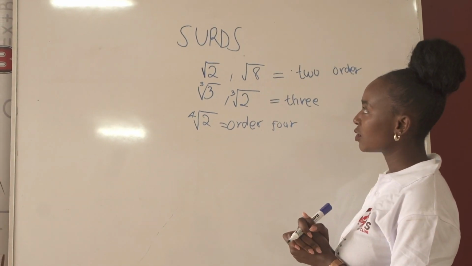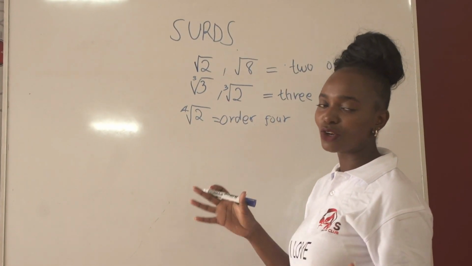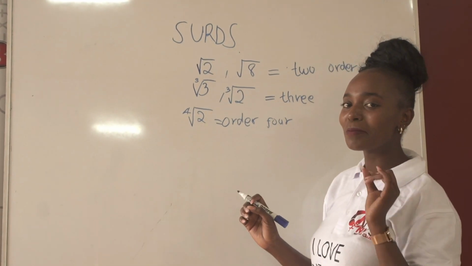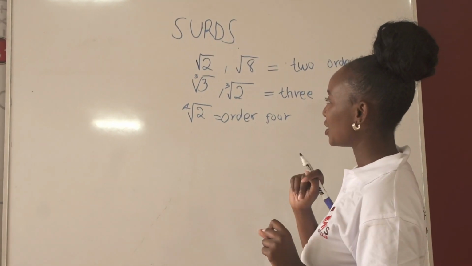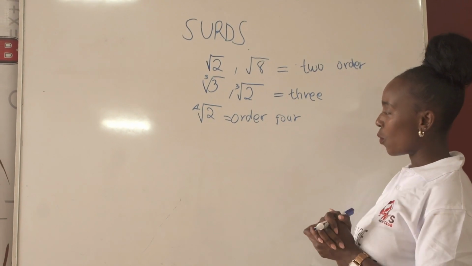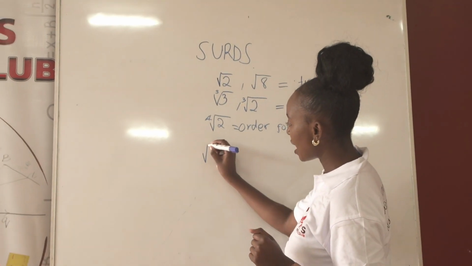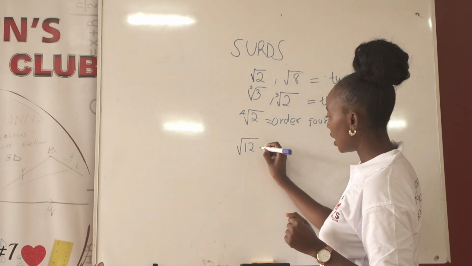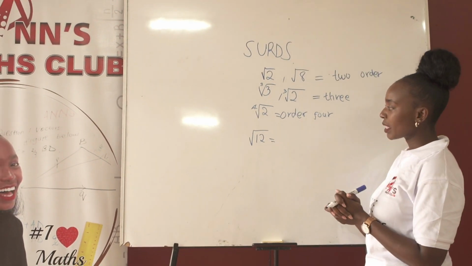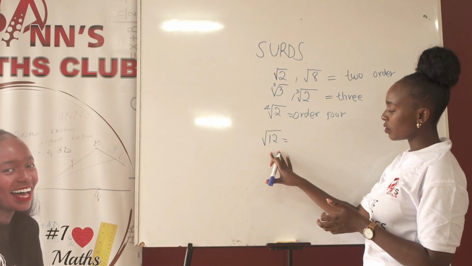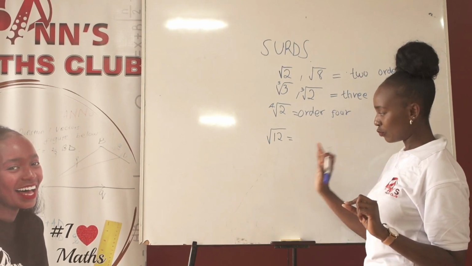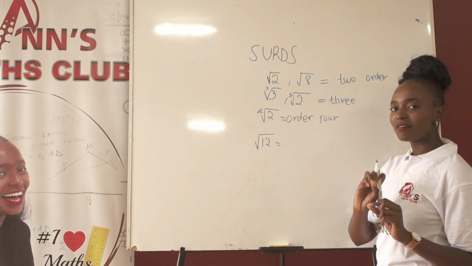Next, I want us to look at simplification of Surds. Remember, I've taken it step by step, so you have to watch out so that you can get it clearer. When we talk about simplification of Surds, for example, you've been asked to find the square root of 12. We don't have a square root for 12, but we can simplify it.